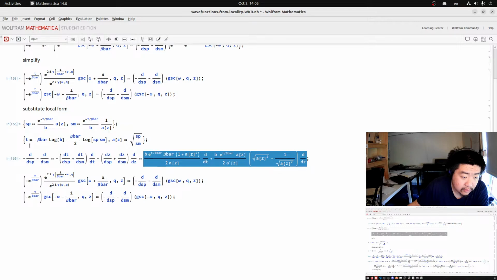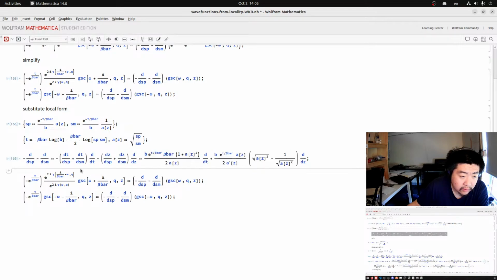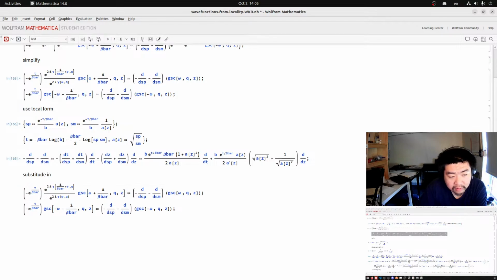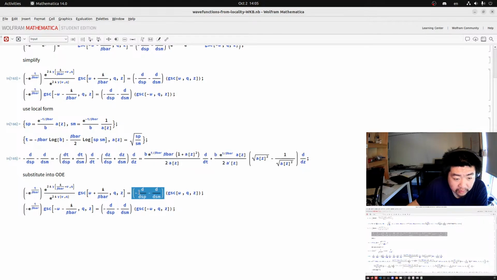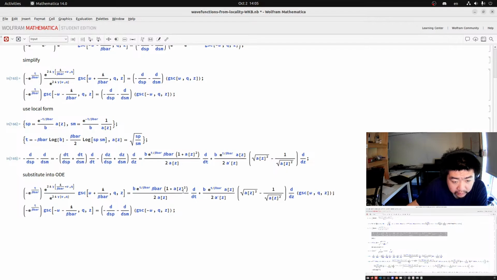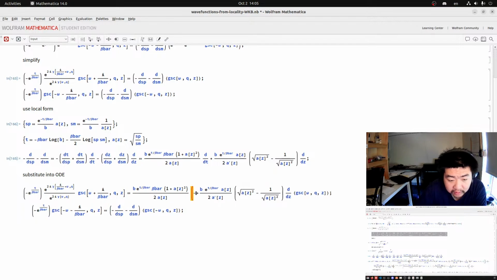Let's see. Substitute local form. So use local form, I guess, and then substitute into the ODE. Right, so now that's this thing, but that's fine. This thing will just drag down and minus I omega.